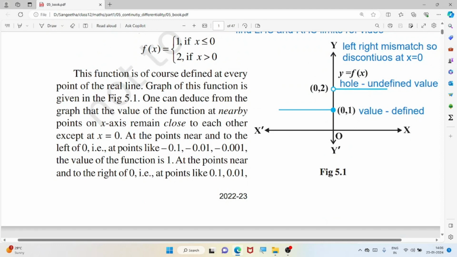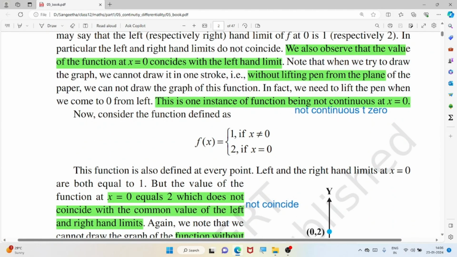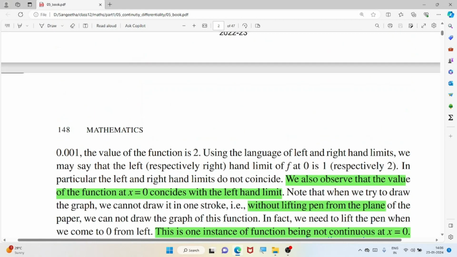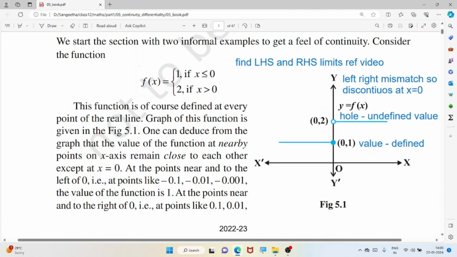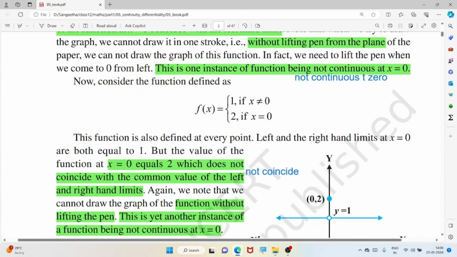It is 2 only for x greater than 0, not at 0 on the right side. So this function is not continuous at x equal to 0, because it is transitioning from 1 to 2.